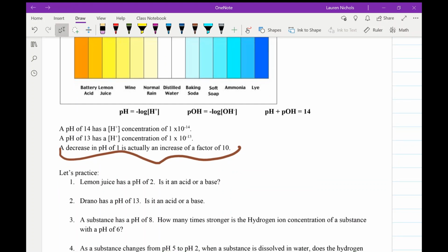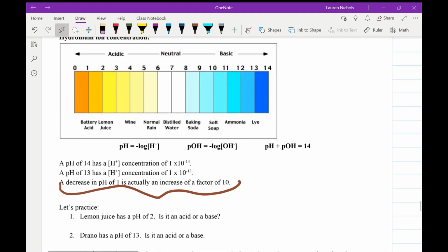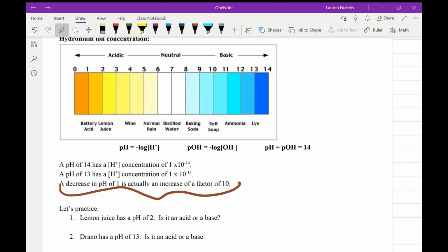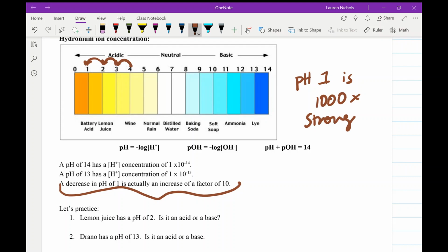Changing pH of 1 is actually an increase by a factor of 10. So if I go from a pH of 4 to a pH of 1, we would say that a pH of 1 is 1,000 times stronger than a pH of 4, and that's because it moved 3 times. So that's saying 10 times 10 times 10, which gives us 1,000.